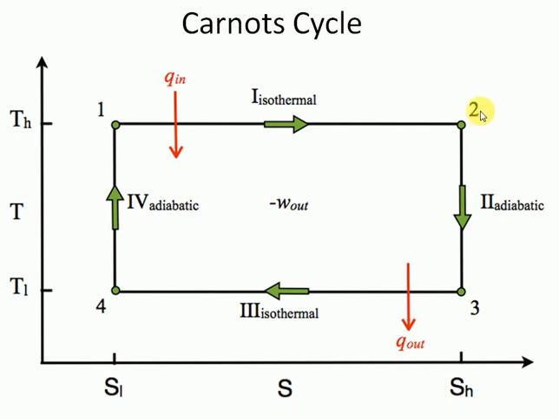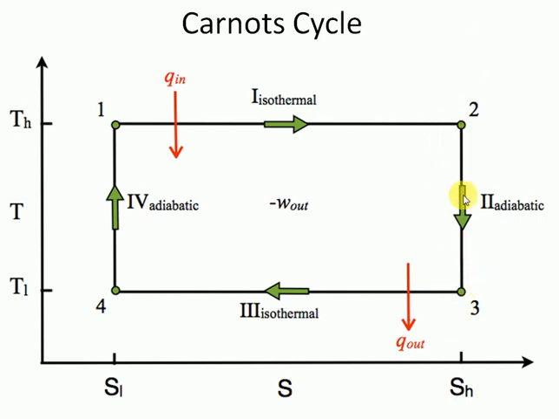Next process, the 2 to 3 process, is an isentropic process. That means entropy at state 2 is equal to the entropy at state 3. S2 is equal to S3. So this process is also called a reversible adiabatic process.